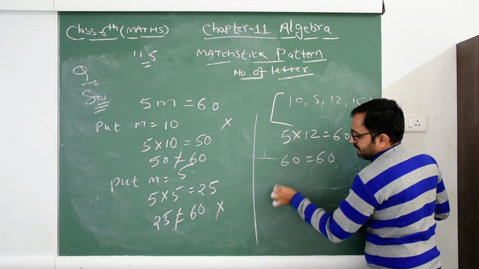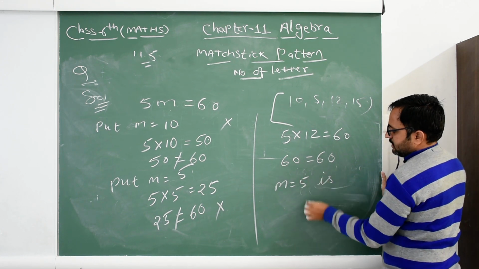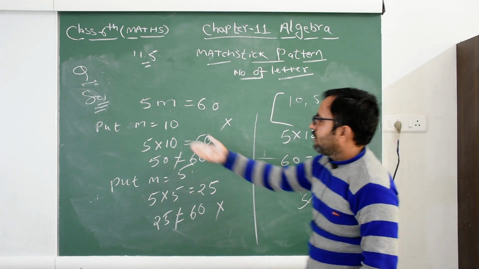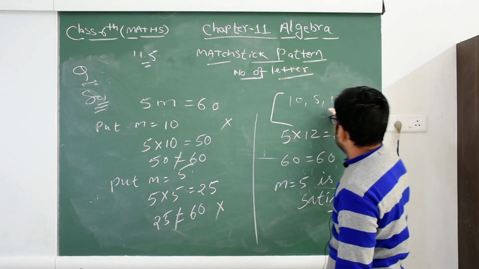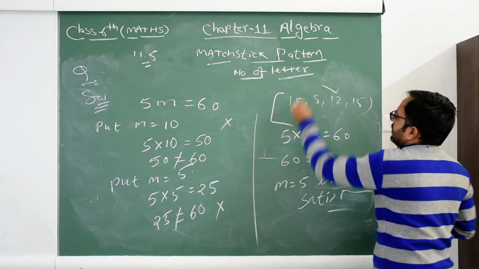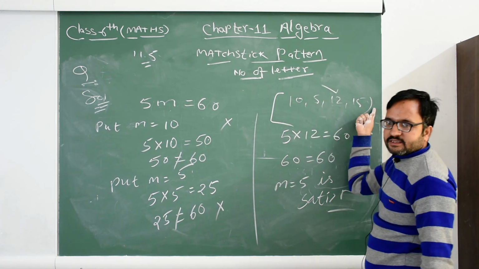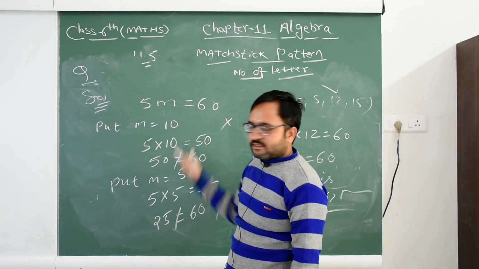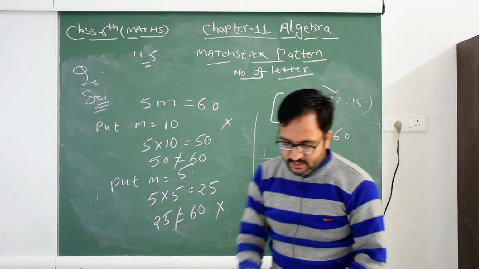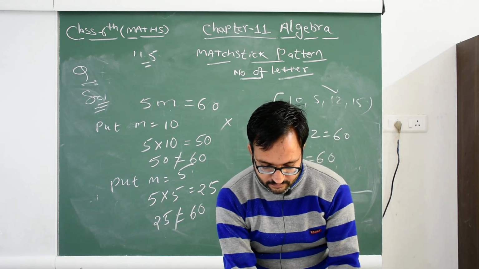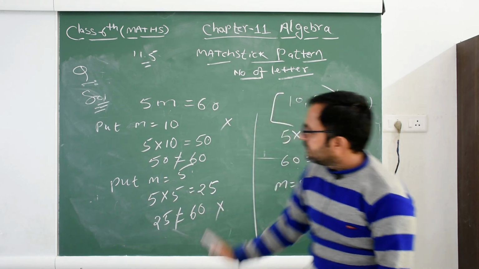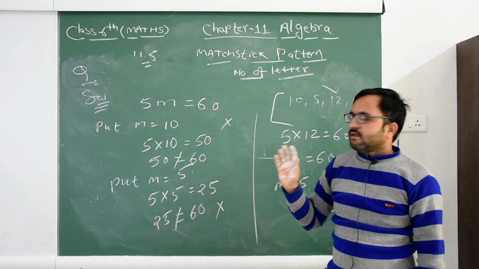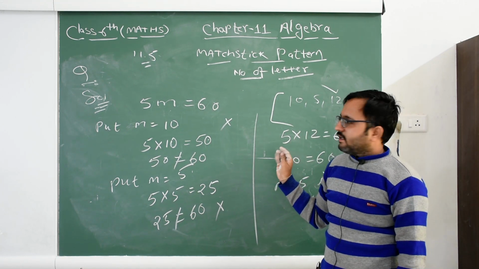So m equal to 12 satisfies the equation, among 10, 5 and 15. Now the remaining questions are for your homework. I hope you enjoyed it very well. This is chapter number 11, algebra. Try to complete your notebooks. Okay, thank you.